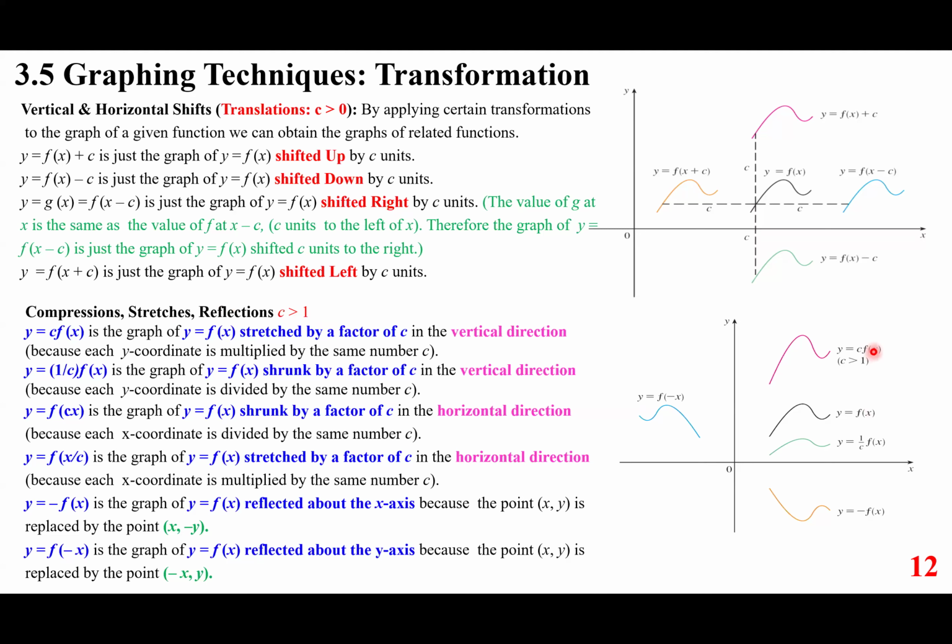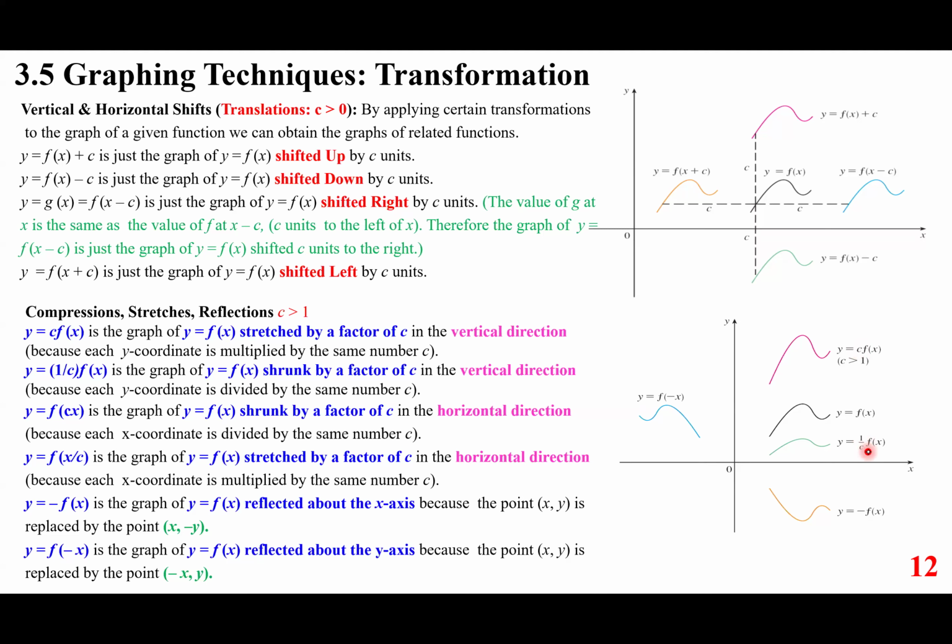So if we multiply the function by c, and remember we are assuming it's larger than 1, it stretches by that factor. The y coordinates become larger by that factor. And 1 over c becomes smaller by that factor, meaning the same x coordinate, the y coordinate is getting larger by a factor of c here, smaller by a factor of 1 over c.